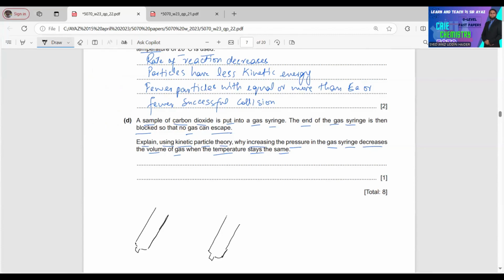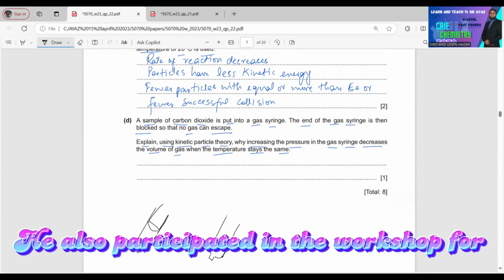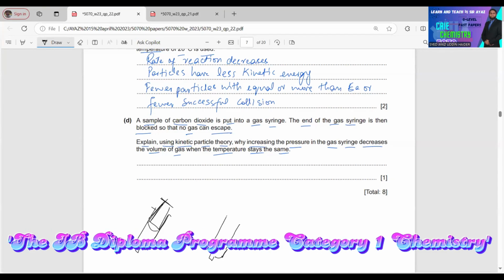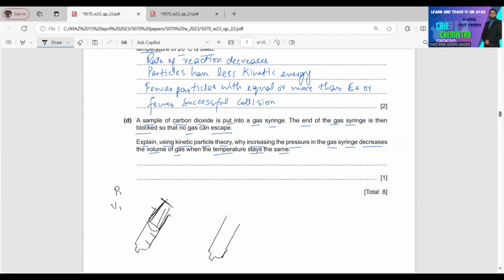Now what they said, they increase the pressure. So initially if the pressure is this, I will write P1 for this, V1, P2 increased. We have increased pressure, and then volume must be decreased.